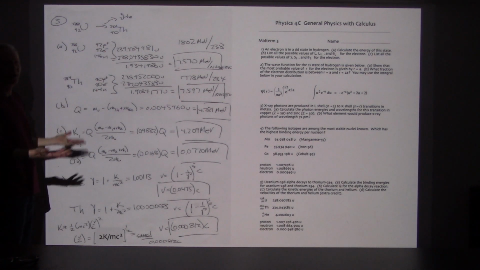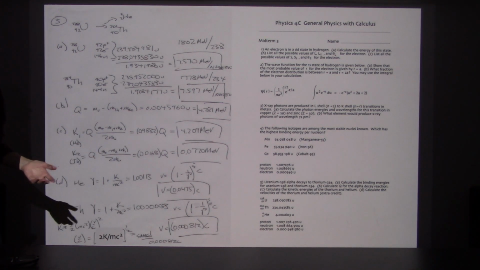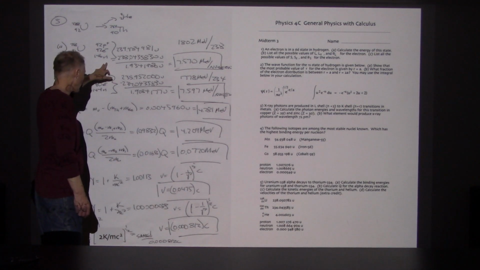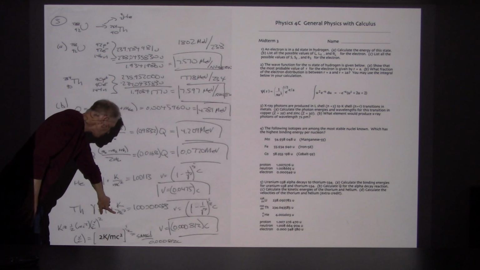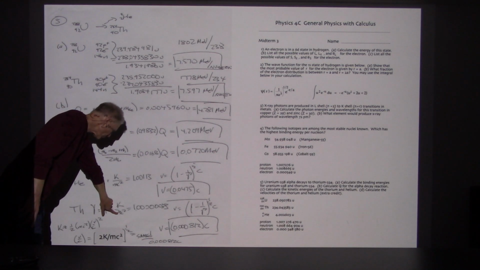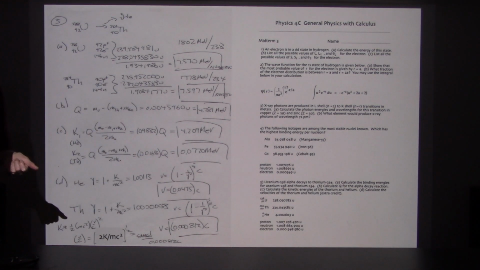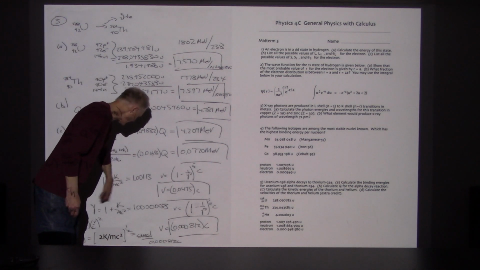That's like 50 times larger or more than what we had before. So this is going to be 234 atomic mass units times 931.5 MeV, so the units cancel.